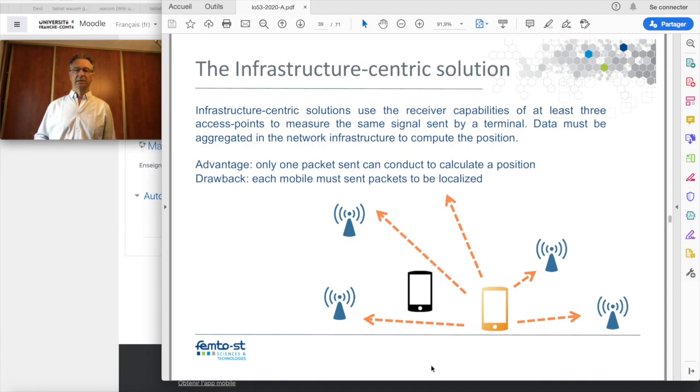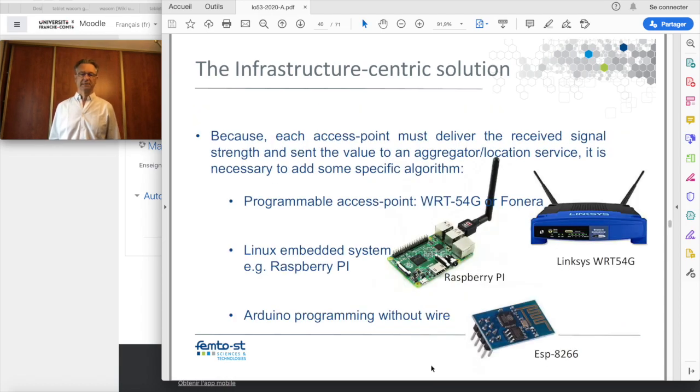So the advantage is you send only one packet to localize one mobile device. But if you have more than one smartphone or mobile device, you will need to send at least one packet from each mobile device in order to calculate one set of coordinates.